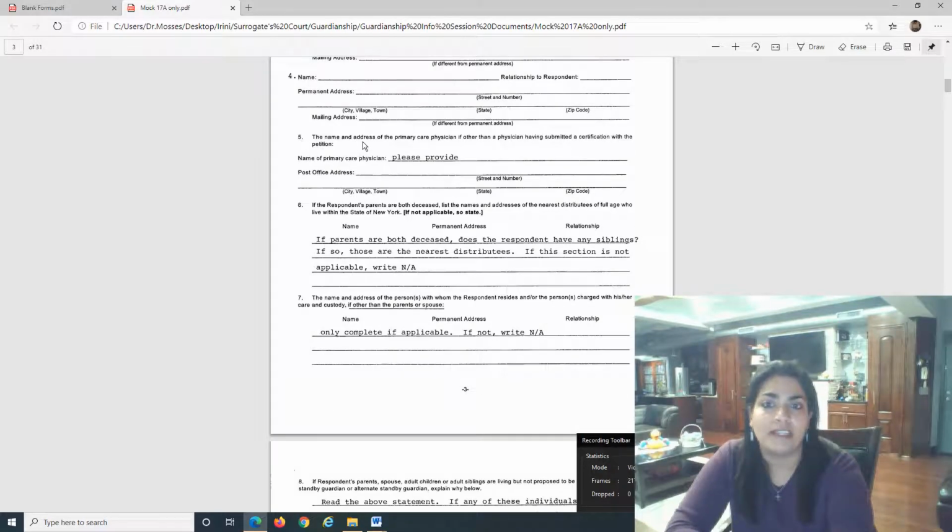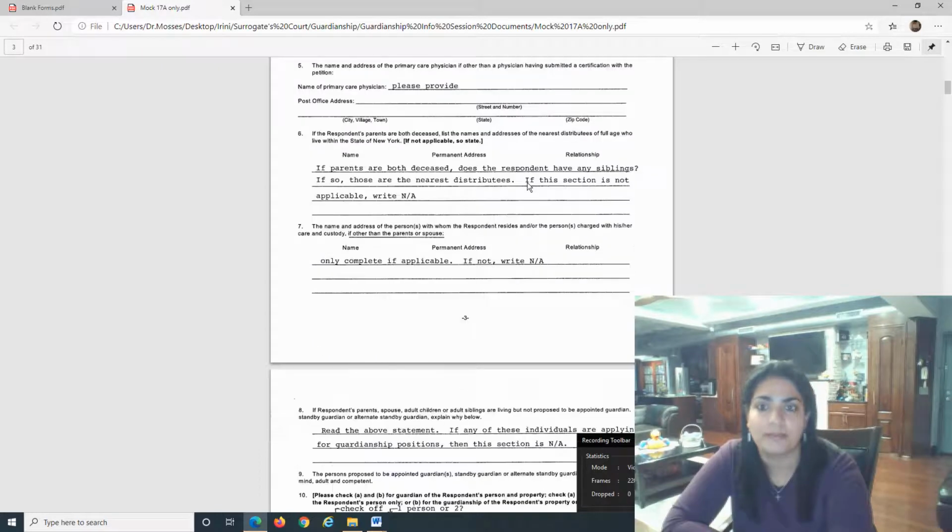Number 5 is, who is the primary care physician? It doesn't matter if it's the person filling out the physician forms or not, but we just need to know who the primary care physician is and their address right here. Now, you're only going to fill out number 6 if it's applicable. If the respondent's parents are both deceased, list the names of the nearest distributees.